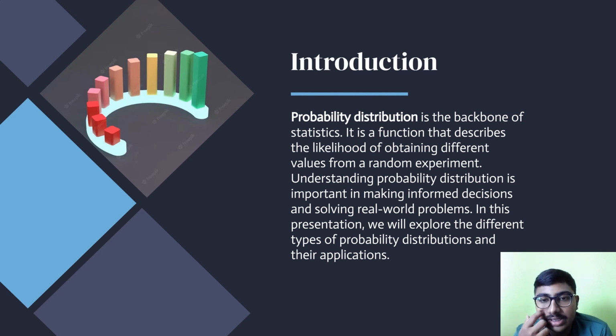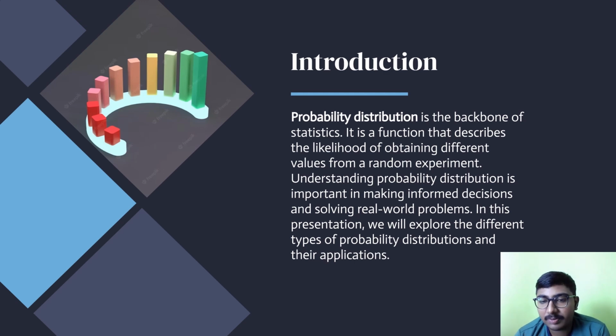Now let's discuss what probability distribution is. Probability distribution applies to anything which obtains multiple values. Let's take the example of tossing a coin. If you toss a coin, what is the probability that you get a head or a tail?